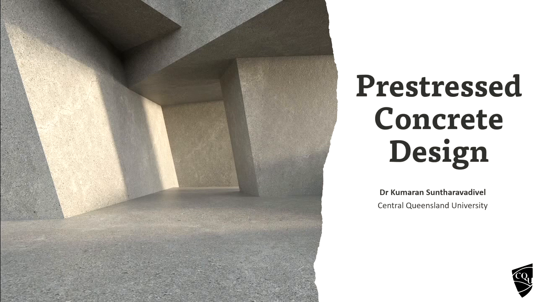That means longitudinal reinforcements and shear reinforcements, and we also looked at how to check for deflection and cracks. So these are the main four checks we discussed in our previous section, which is reinforced concrete.